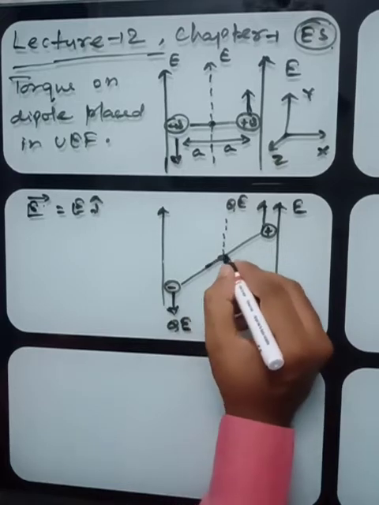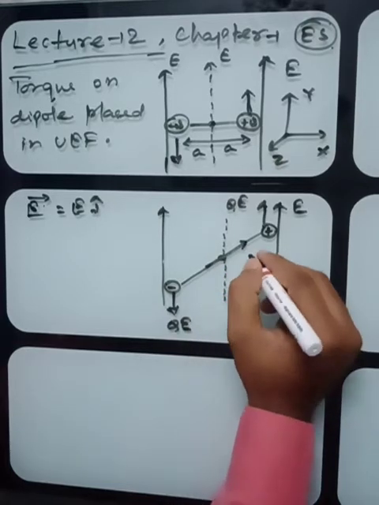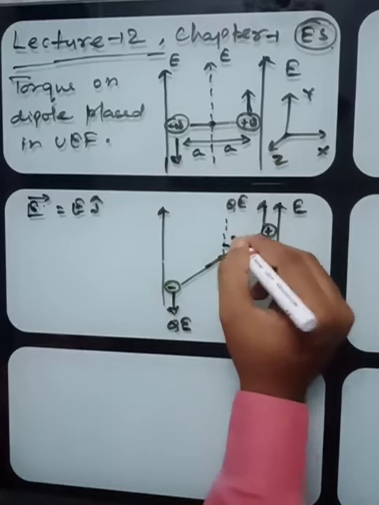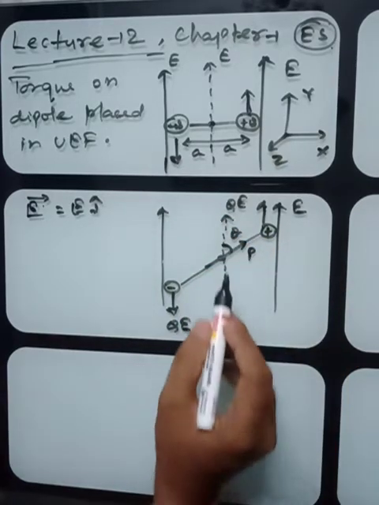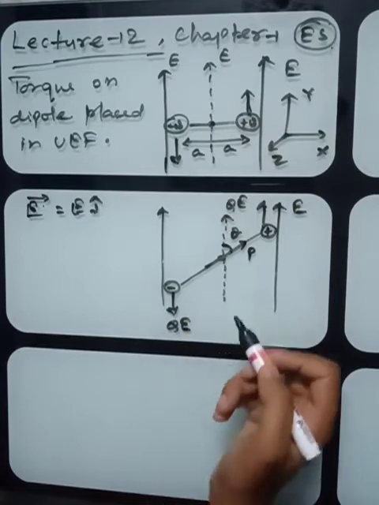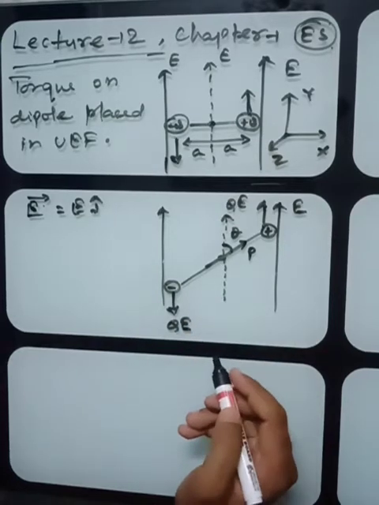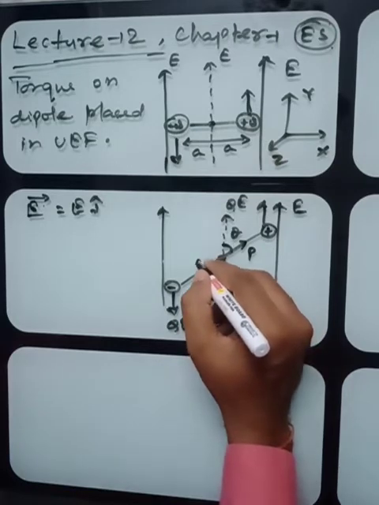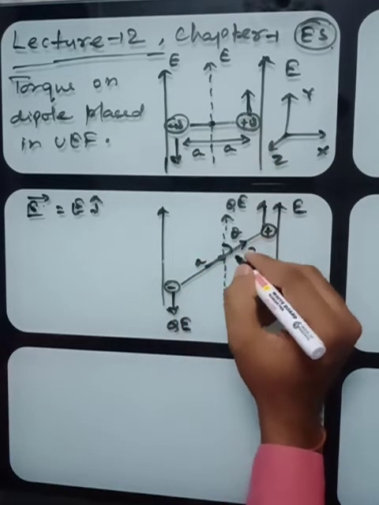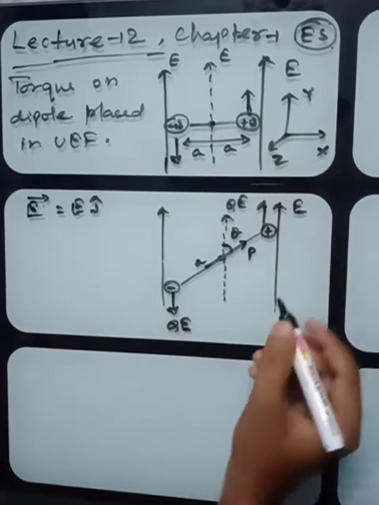Suppose from minus to plus, a dipole moment P makes an angle theta with the electric field. This is the direction of the electric field. What was that length? This length was a and this length was also a.